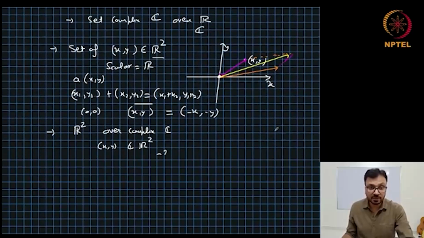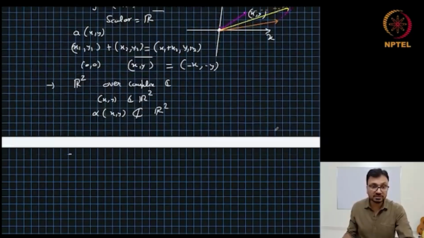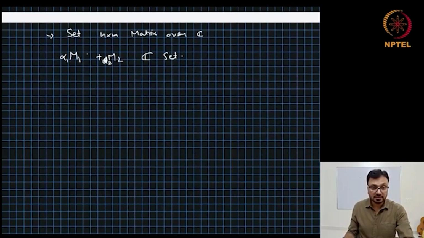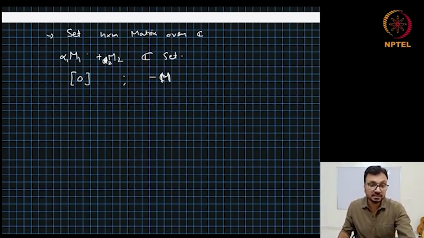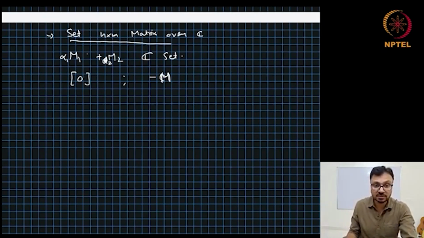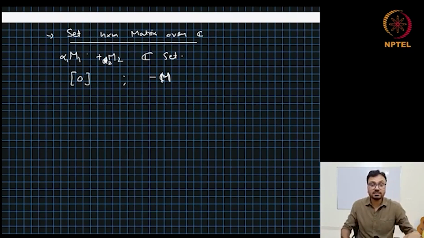If we check all the conditions one by one, the null matrix will be the matrix of zeros, and minus M will be the inverse vector. So this set of n by m complex matrices also forms a linear vector space.